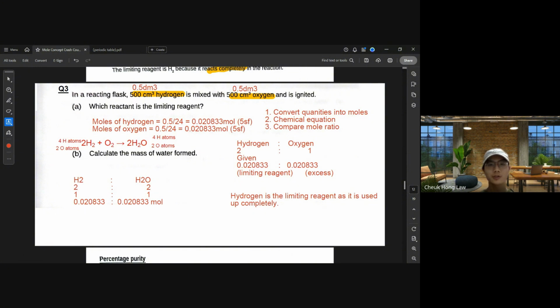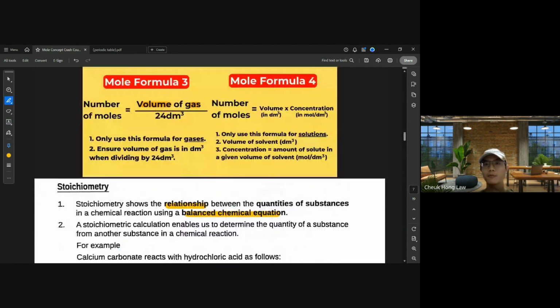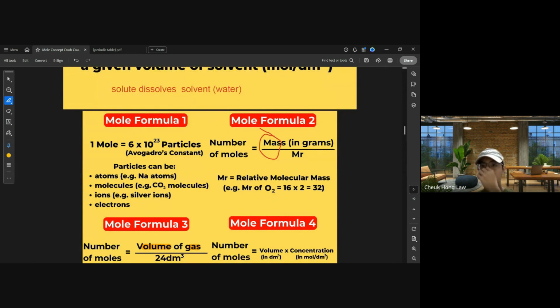Okay, this is the number of moles of water. Then from the number of moles of water, in order to find the mass of water formed, which mole formula should I use? Keyword: mass of water. If we're finding mass, there's only one mole formula to use, which is mole formula 2, right?